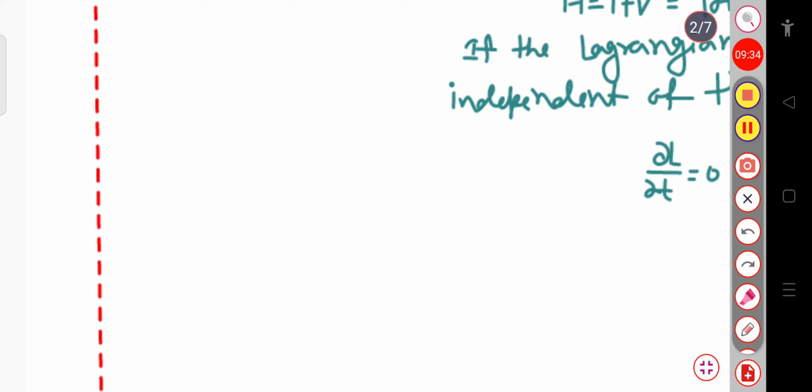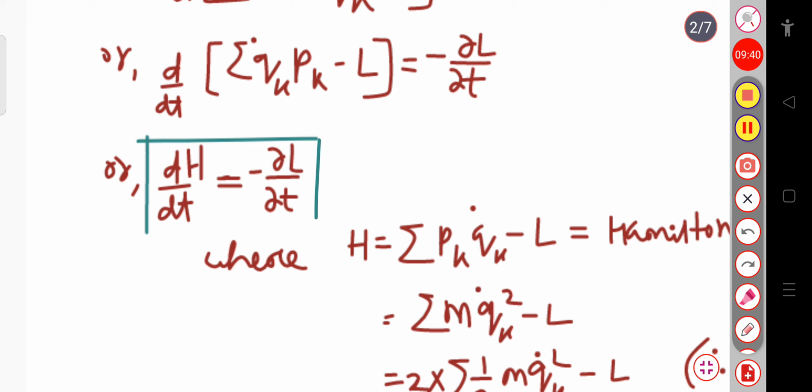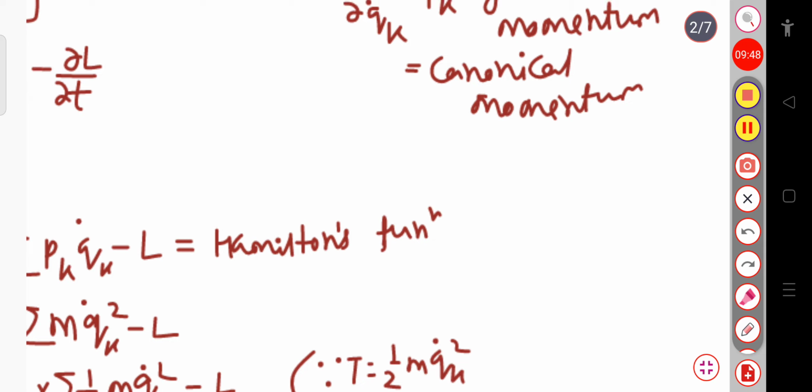Here we have calculated dH/dt equals minus ∂L/∂t. So in this place we can write minus dH/dt, or simply since ∂L/∂t equals 0, we can write dH/dt equals 0.